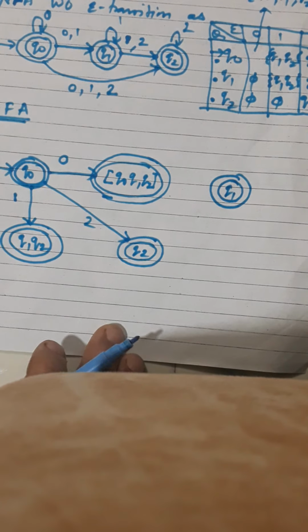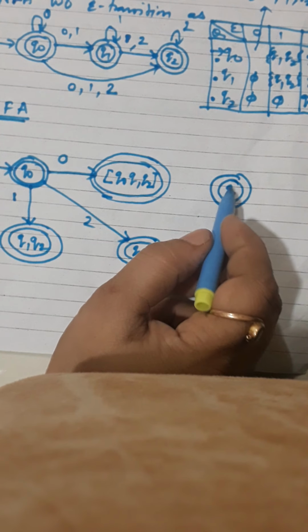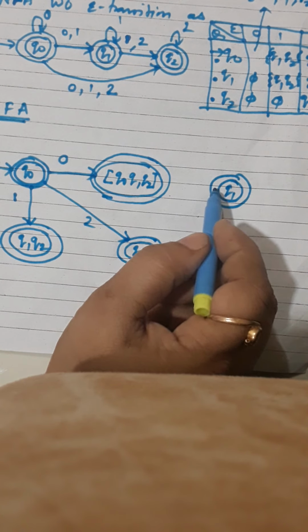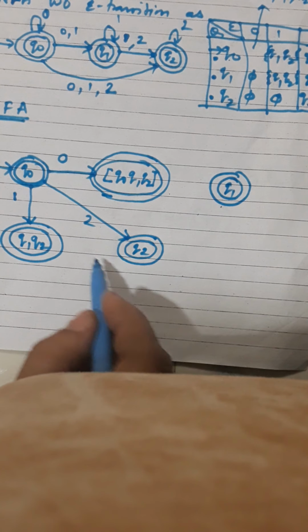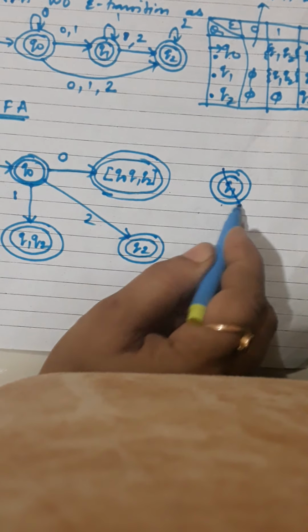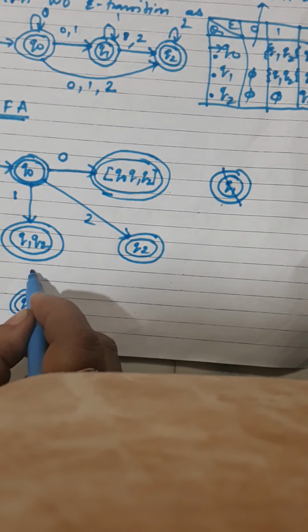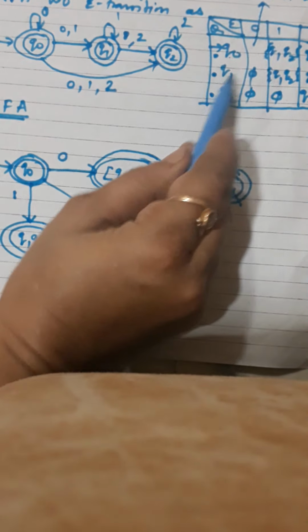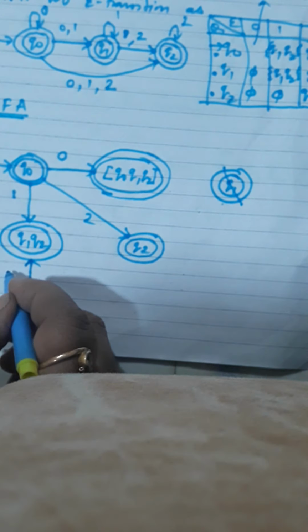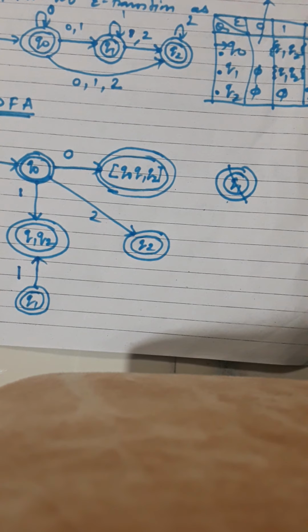Q1 on 1 moves to Q1, Q2, and Q1 on 2 moves to Q2.